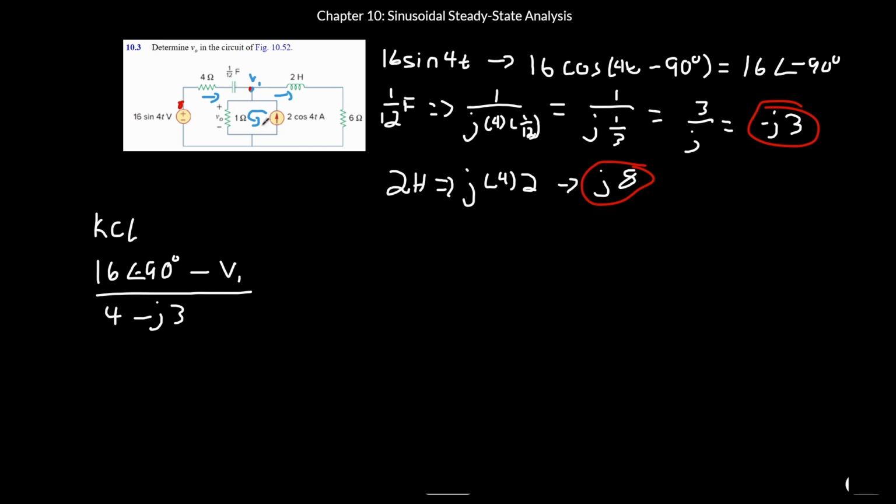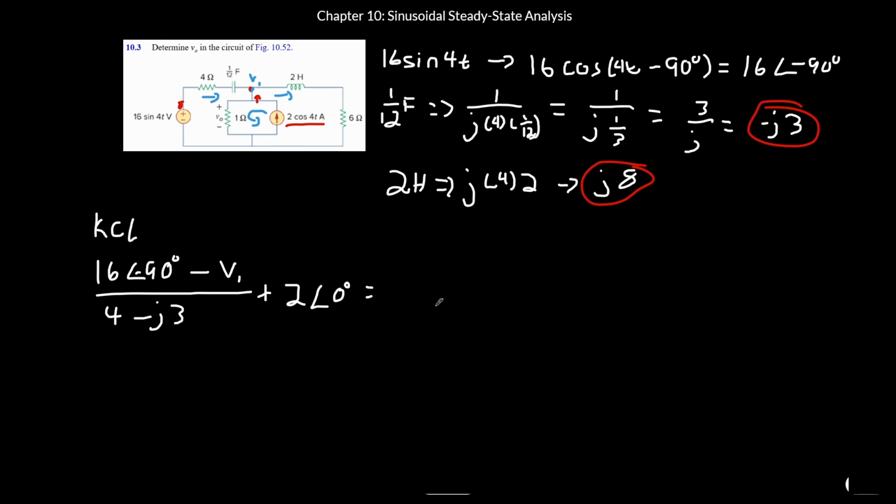And since the current down here is moving counterclockwise, this current will be most likely pushed up through this point. So we can add this source to this side as well, as we can assume it's going into the node. And that, of course, is just going to be 2 with degrees of 0.